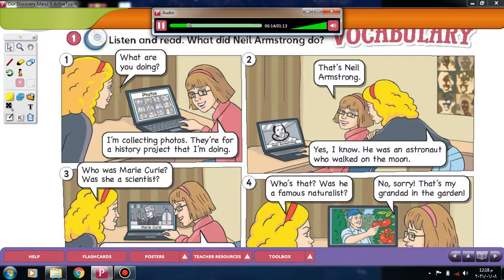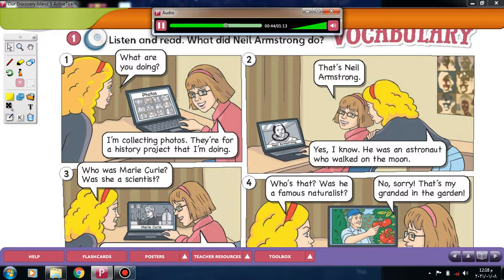1. What are you doing? I'm collecting photos. They're for a history project that I'm doing. 2. That's Neil Armstrong. Yes, I know. He was an astronaut who walked on the moon. 3.